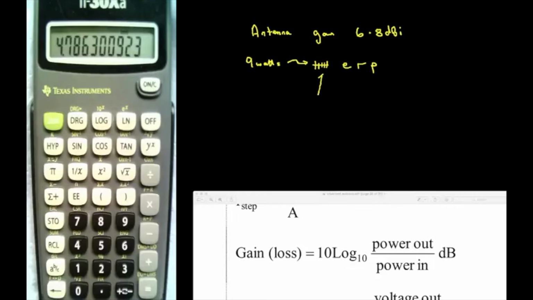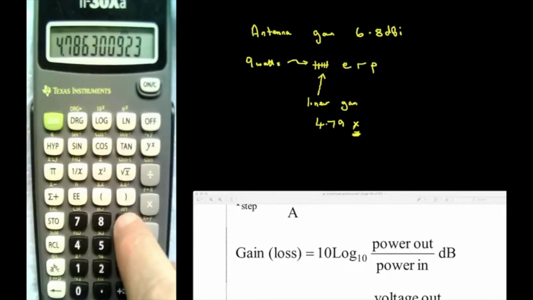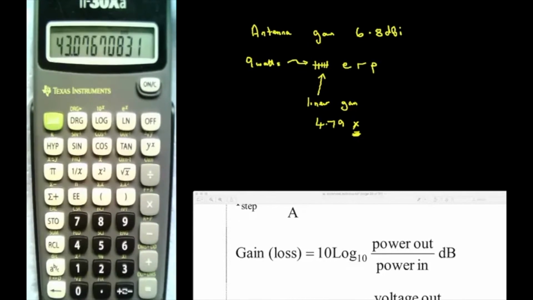So the linear gain then is 4.779 virtually times. And we had 9 watts going in, so if I multiply that by 9, I've got 43 watts ERP.